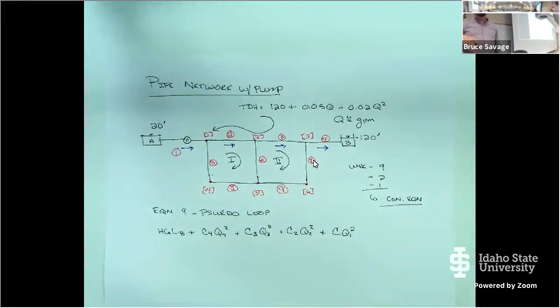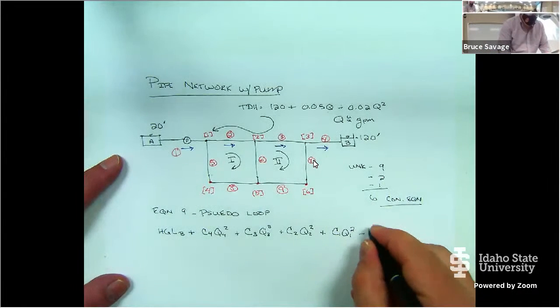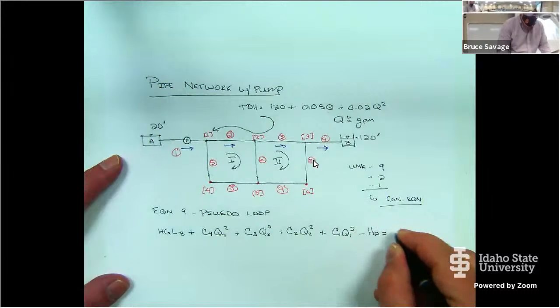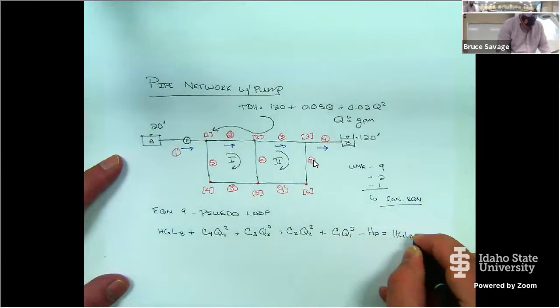I drop down, right? The hydraulic grade line went to the pump, then it jumps up at the pump and continues down if I'm going with the flow. Well, now I'm going against the flow. So I'm adding the energy back up, but then when I hit the pump, I drop. And then I finish going to the reservoir. So this is going to be minus H sub P equals then the hydraulic grade line at A.